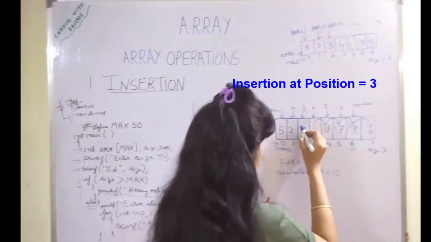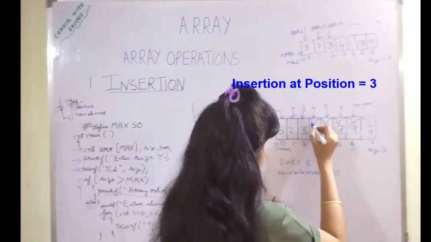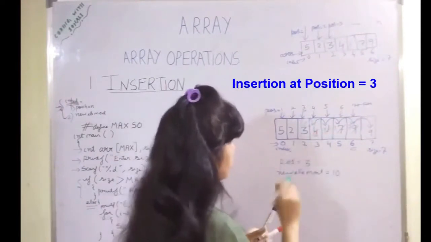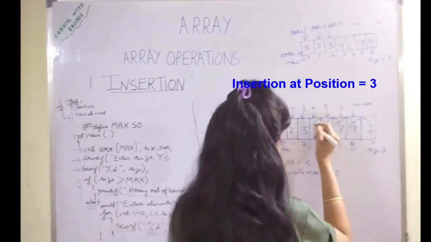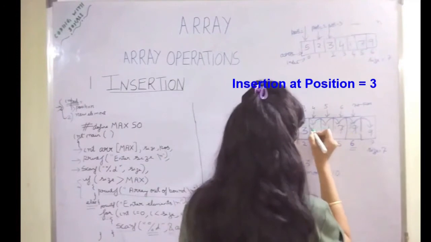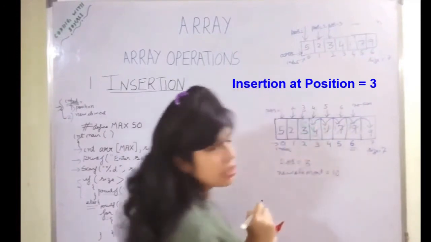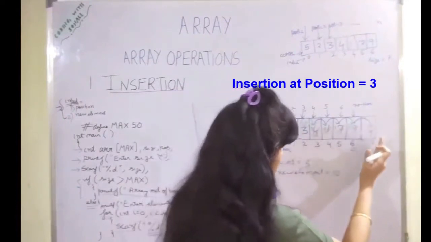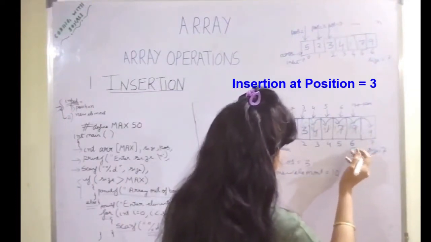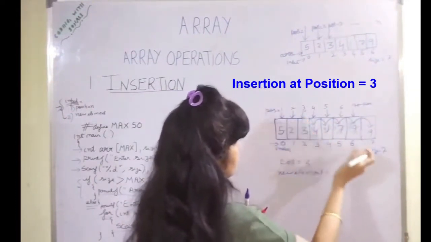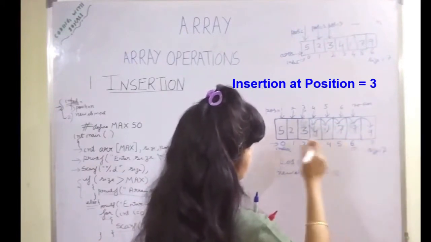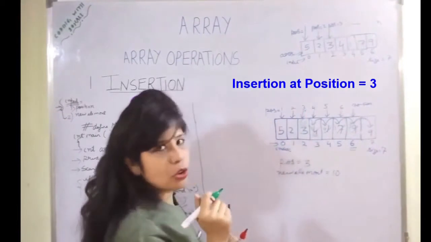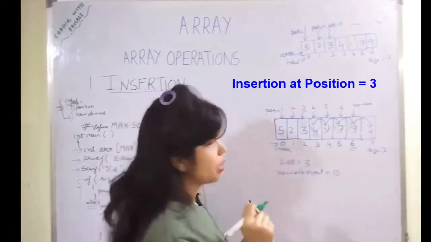So we will shift this 3 at this position, and again this 4 will be replaced by this 3. So here comes 3. Finally, as I told you, we start from the end, that is index 6, and continue this shifting till the position, that is 3, wherein the user wants to insert the new element.